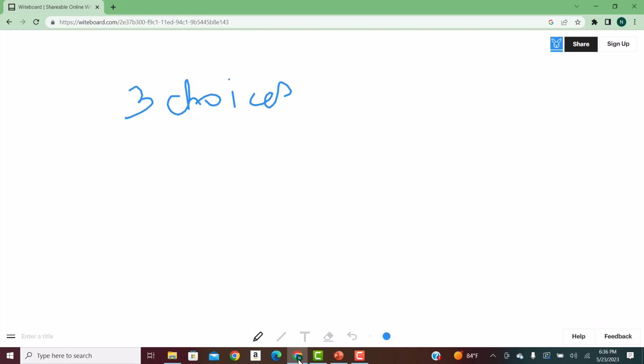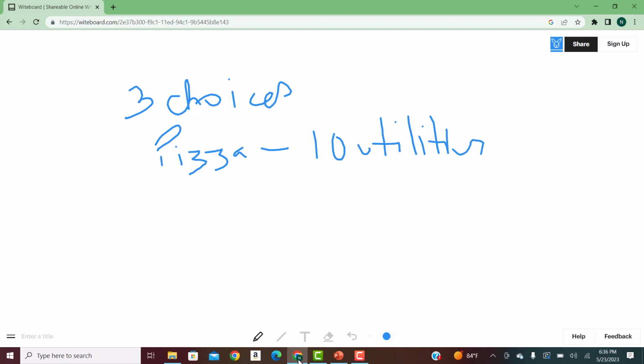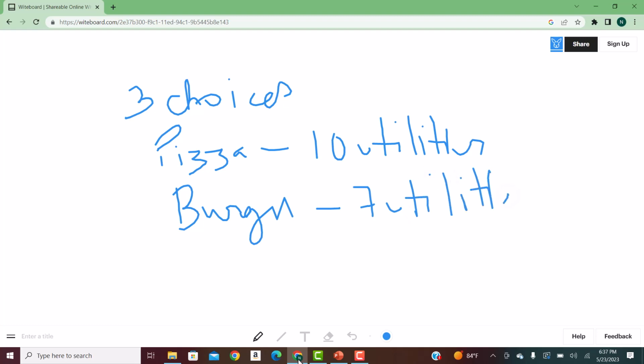So the first choice is you can have pizza, and if you have pizza, the benefit you will get is, let's say, 10 utilities. Then you can have a burger also. That's another choice. And if you eat a burger, you're going to get 7 utilities of benefit. And then let's say the last one is taco.